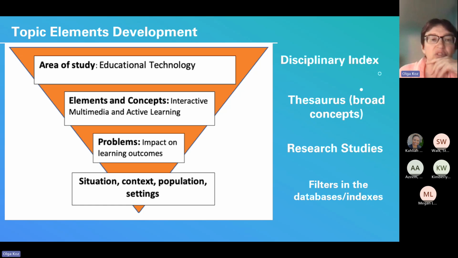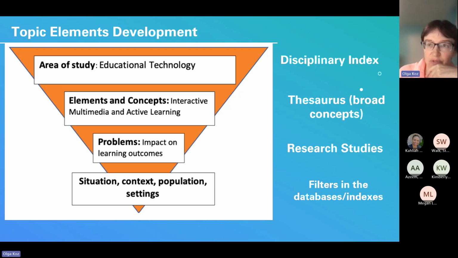And we found that, for example, interactive multimedia is a type of technology we're going to investigate, and a type of teaching method is active learning. We're going to add those two concepts to our topic and research question as well.